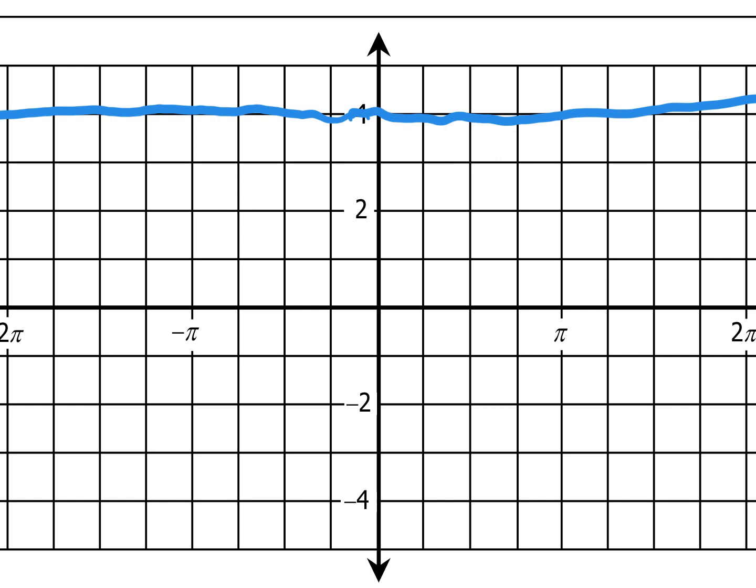Every tick mark is a pi over 4. Think about it. 1 pi over 4, 2 pi over 4, 3 pi over 4, 4 pi over 4. That's a negative pi. So every one tick mark is a pi over 4. So it's going to start back here.